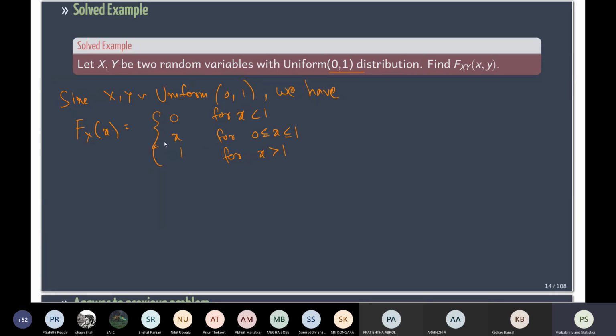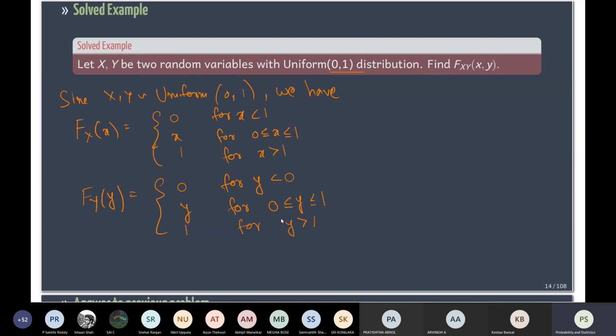This is what we know already, and similarly F_Y(y) is 0 for y less than 0, and this is y for 0 less than or equal to y less than or equal to 1, and this is 1 for y greater than 1.